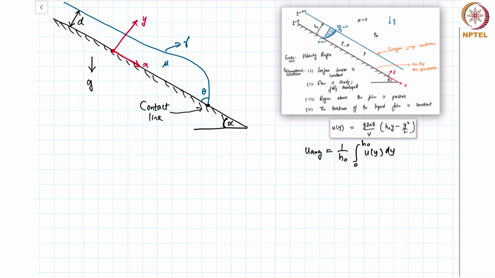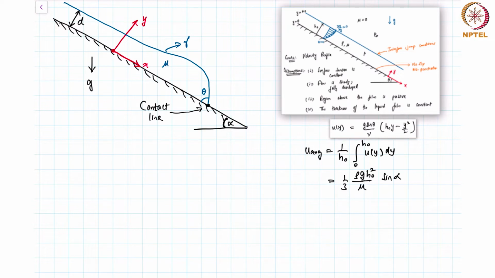If we do the integration, we simply get 1 by 3. And instead of using kinematic viscosity, I'll use the dynamic viscosity. So that will be rho by mu, g h naught square times sine of alpha. So you see that the average velocity is given by rho g h naught square by mu times sine of alpha.